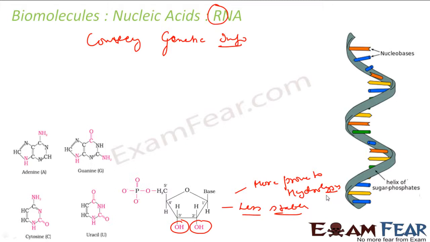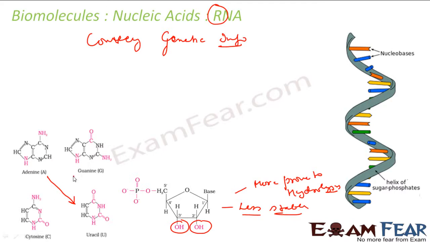Right? So the complementary base to adenine is not thymine. If you see earlier, adenine paired with thymine, but here it is not thymine, it is uracil. So adenine's complementary base is uracil.